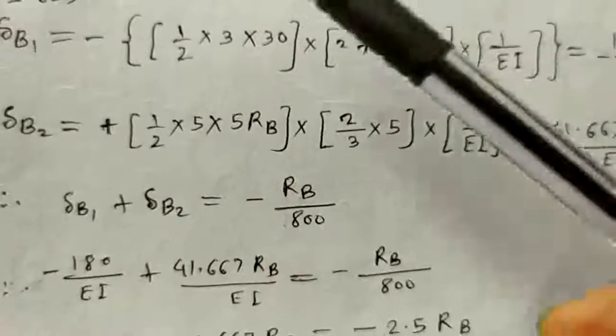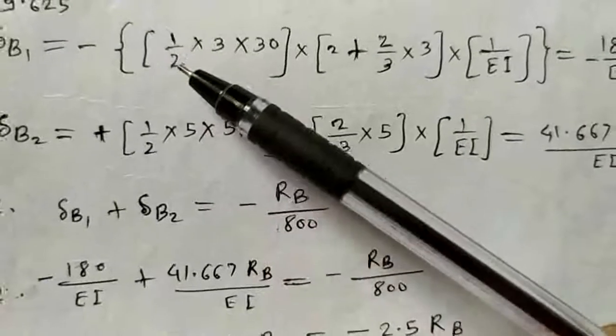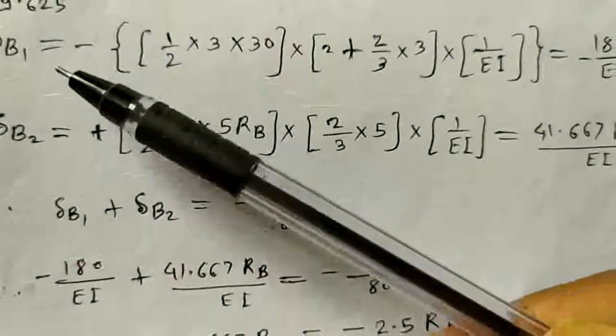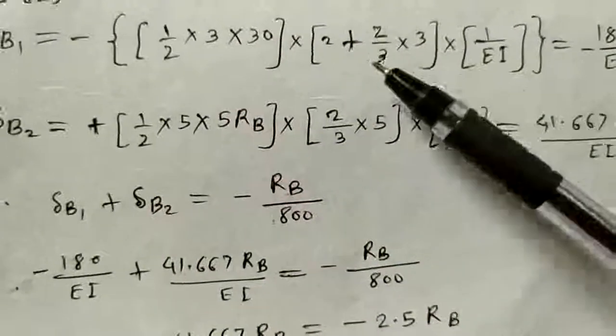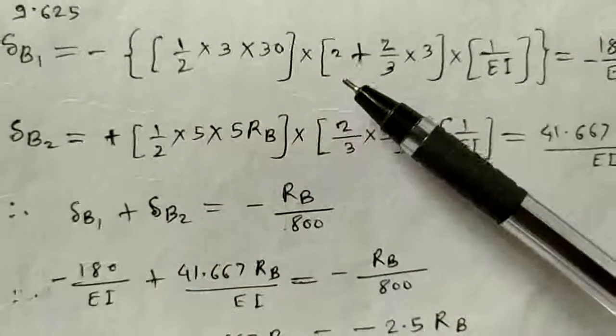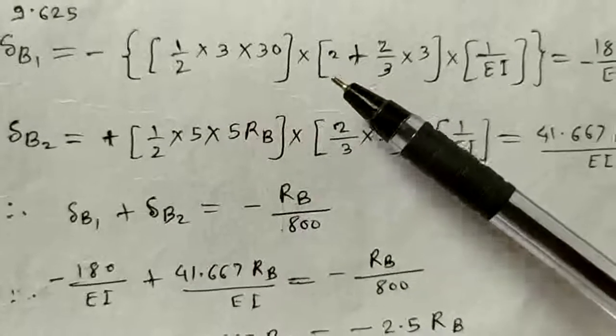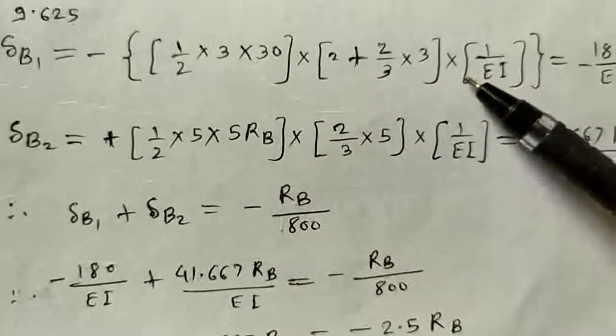First of all I have written a negative sign. Next I have drawn a curly bracket. While finding your delta, you have to take 3 brackets: 1, 2 and 3. The first bracket represents the area, the second represents the distance measured from point B, and the third one is the EI variation.